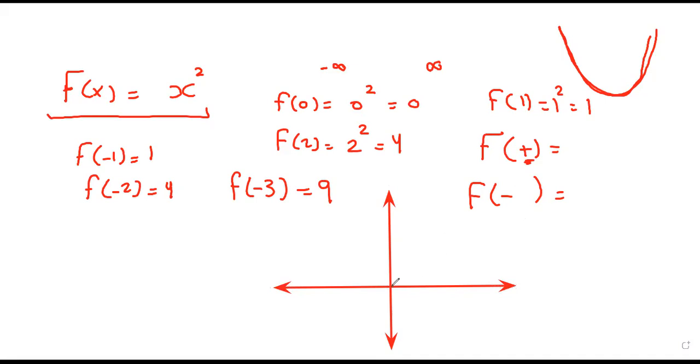so f of x equals x squared, when we graph it, we will find something like this. And because this domain is unrestricted, it's unlimited, we are going to draw two arrows here. That means we can find all values of x.